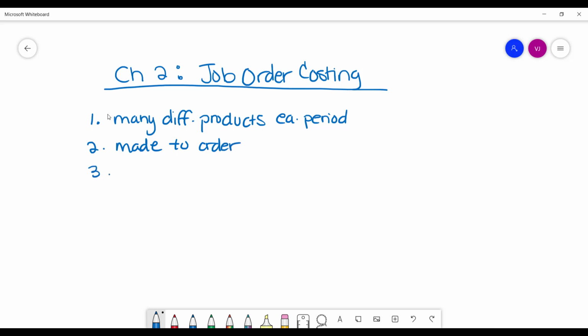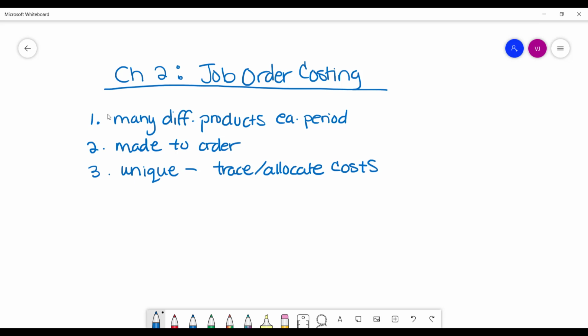Each job is unique, and because of that, it is required that we trace and allocate costs to each job and maintain records of each job separately.